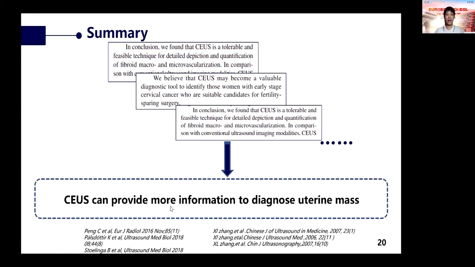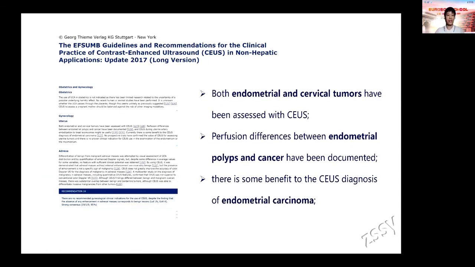CEUS can provide more information to diagnose uterine mass in complex clinical practice, and the guideline had partially admitted its value in diagnosis of some gynecological mass, but more study is still needed.